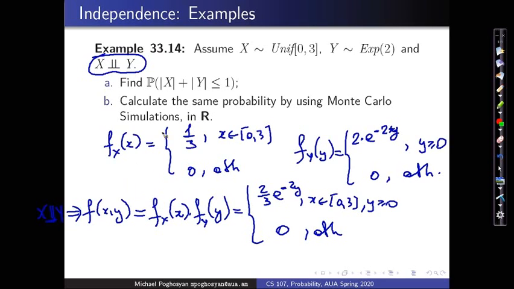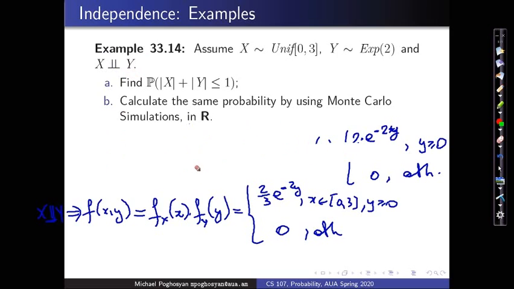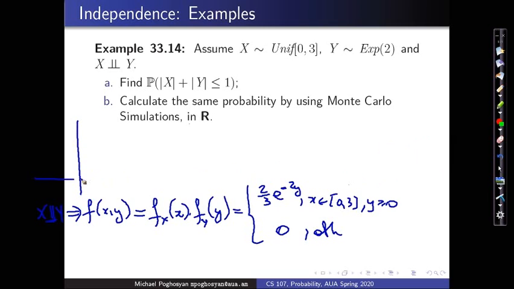First, let me erase and draw that graph. And now I will calculate that, and then simulate in R to calculate those probabilities. Geometrically, we have the following picture. This is X, this is Y. I want to draw the support where our joint PDF is non-zero.